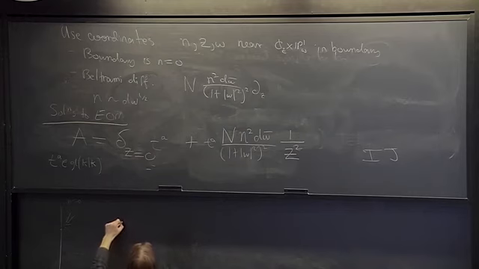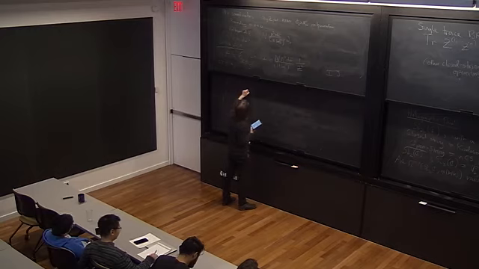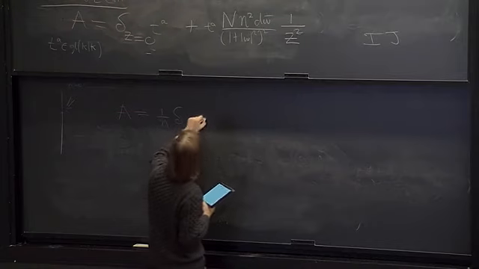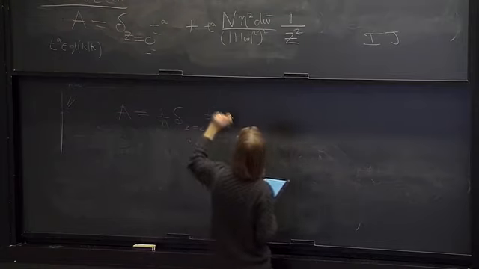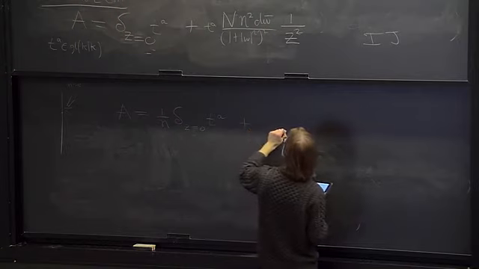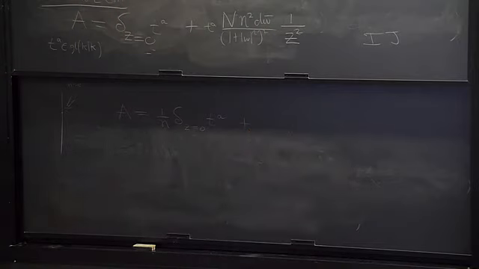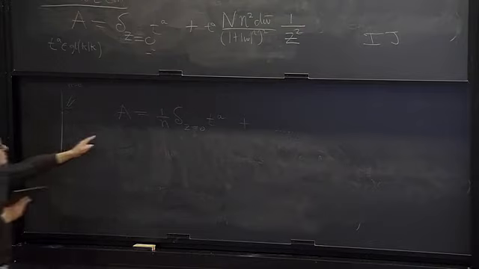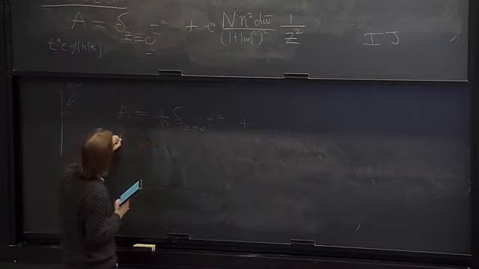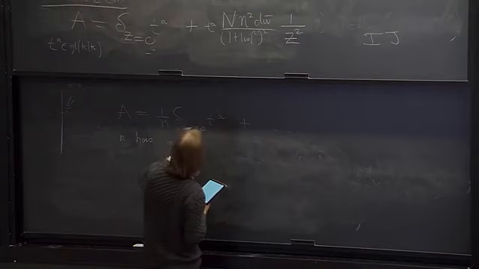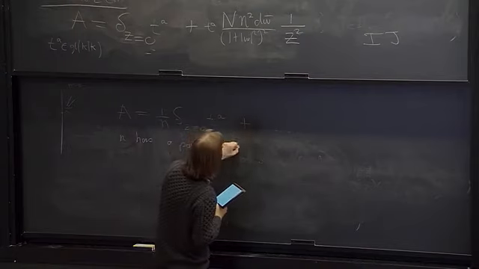Well, the next term, I could have something that looks like 1 over n, delta z equals 0, Ta plus corrections. And to see what representation this lives in, we notice that n has a pole at w is infinity.